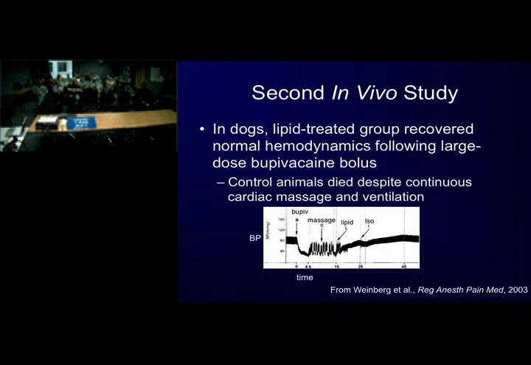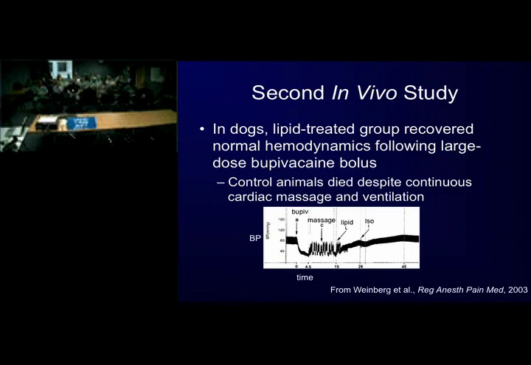He further refined that study and did a study with dogs in vivo. A large bupivacaine bolus was given. In this graph, blood pressure is on the y-axis and time on the x-axis, and I labeled these different points as points of intervention. The dogs were given bupivacaine, and you can see the systolic is probably around 100 to 110 and the diastolic around 60 or 70. Once the bupivacaine is given, you get this hypotensive response.